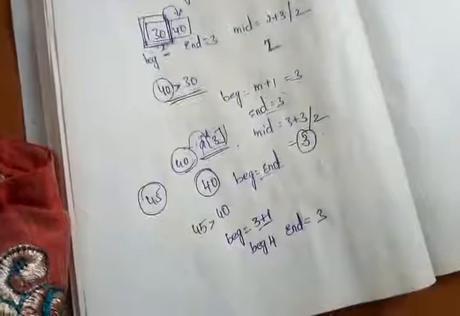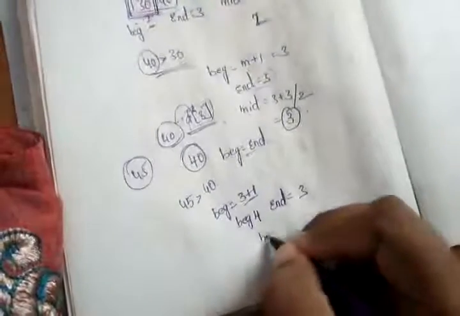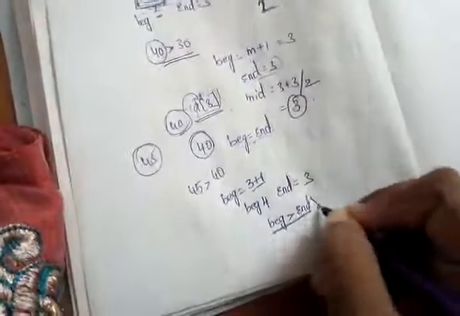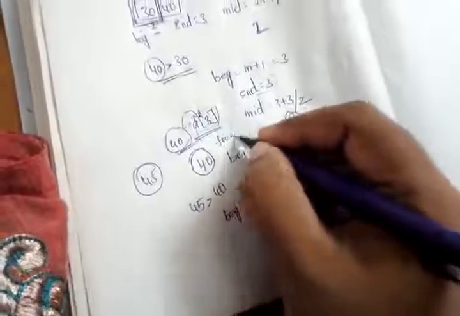So now if beginning is greater than end, then we can say that the element is not found in the array. And at the same time, when the element is found, we will make the variable found equal to 1, like we did in the linear search.